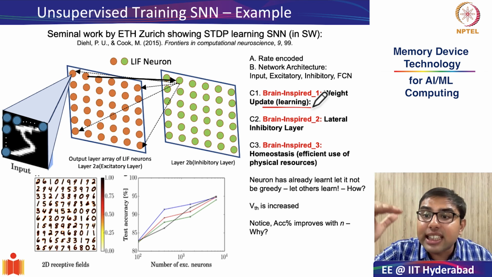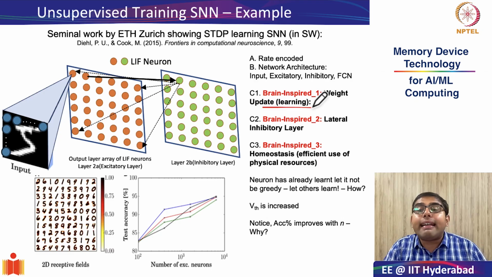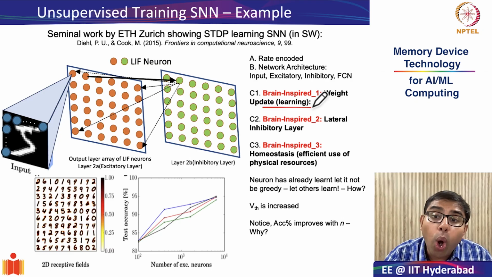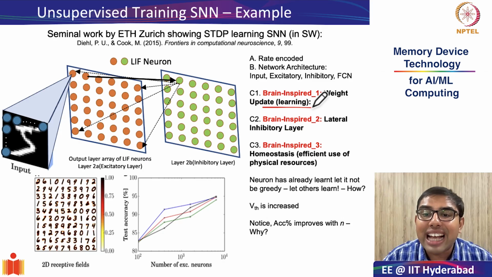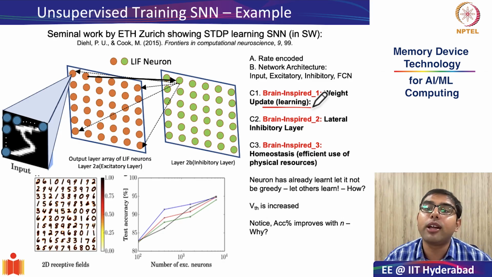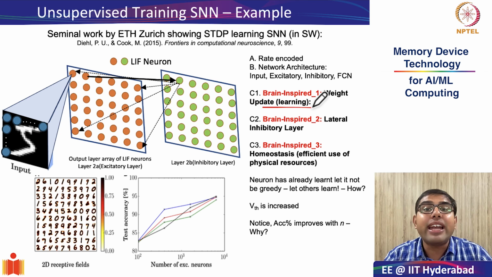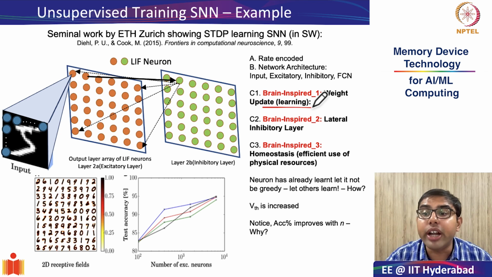So when it increases its firing threshold, the neuron is less likely to fire, and therefore it allows other neurons to participate in the training process. You can think of it as the neuron saying, I have already had my share of learning a particular pattern, let others learn also. And this is what keeps the network learning balanced, encourages a lot of diversity in learning, and makes much more efficient use of available neurons.